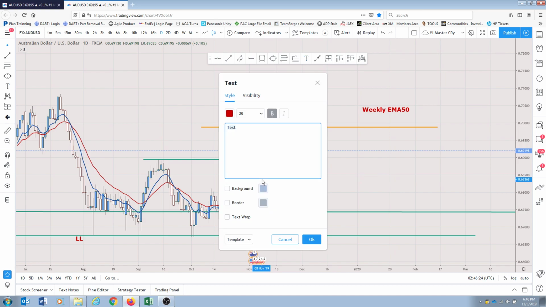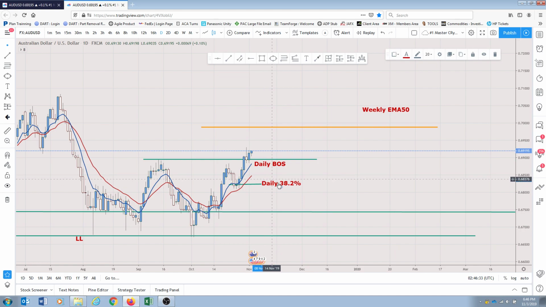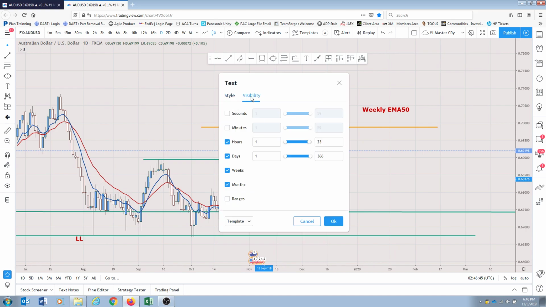I would have put daily 38.2%. Where's the percent sign? And now when I drop to the 4-hour time frame, one second. Let's just drop to the 4-hour. Sometimes if I drop to the 4-hour and you don't see it, make sure there's visibility.